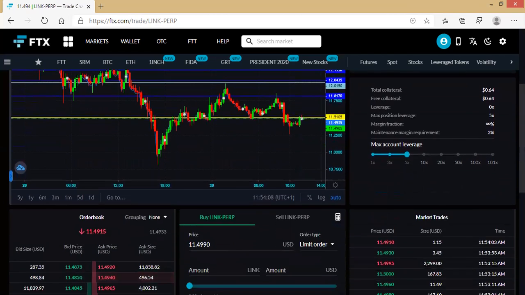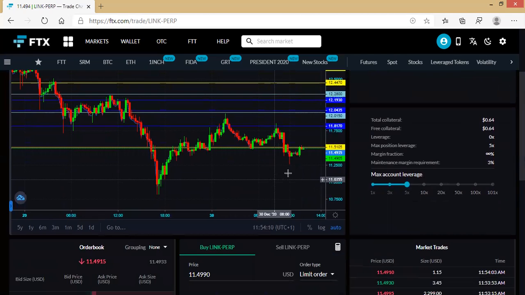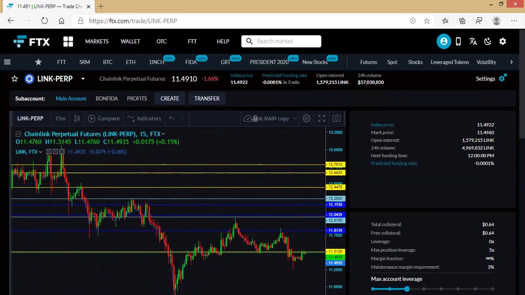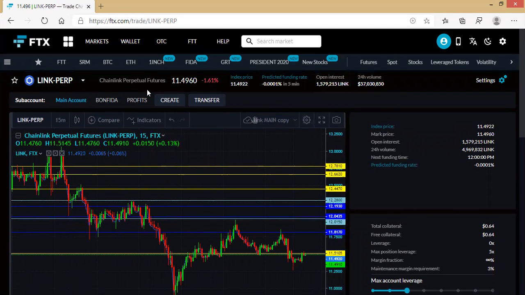Now, assuming we are to trade LINK perpetuals, we are to trade LINK futures. Remember, like I said, you have the option of creating sub accounts to help you manage your money judiciously. If you have a trading capital of $1,000, you can decide to split it across, maybe $200 into 5 places.